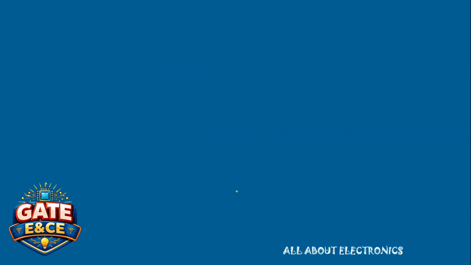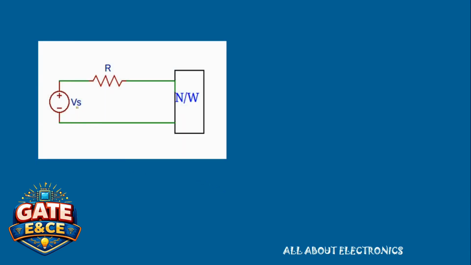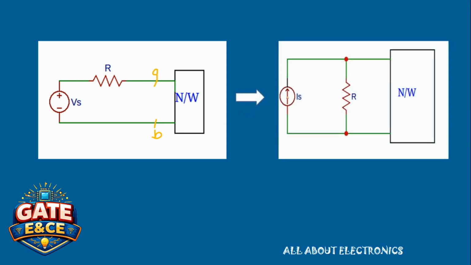So let's say we have one voltage source Vs with a series resistance R that is connected to some network via terminal AB. Using this source transformation, we can convert this voltage source into the current source Is with the same resistance R in parallel with this current source.